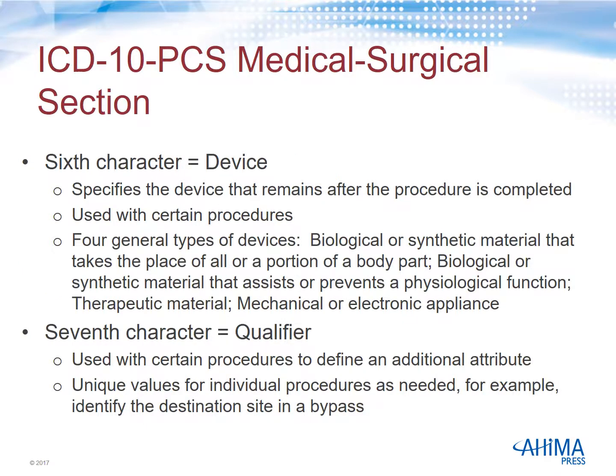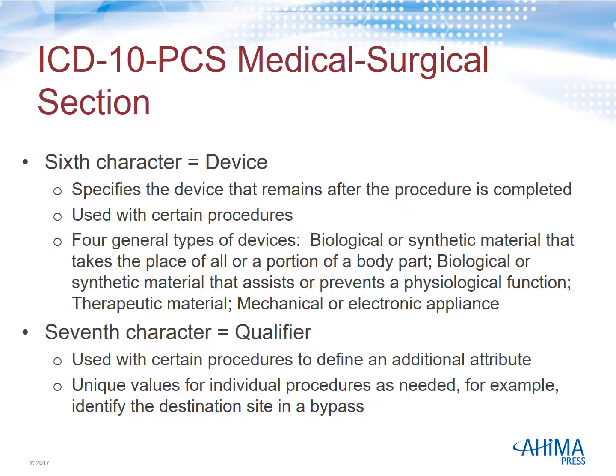Your sixth character is the device. This specifies the device that remains after the procedure is completed. It is used with certain procedures. There are 4 general types of devices: biological or synthetic material that takes the place of all or a portion of a body part, biological or synthetic material that assists or prevents a physiological function, therapeutic material, or mechanical or electronic appliance.